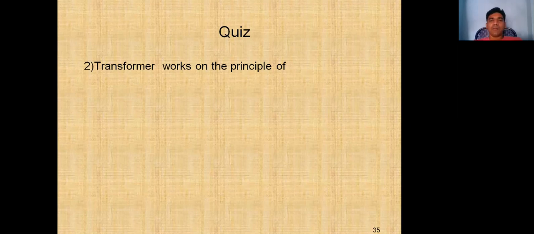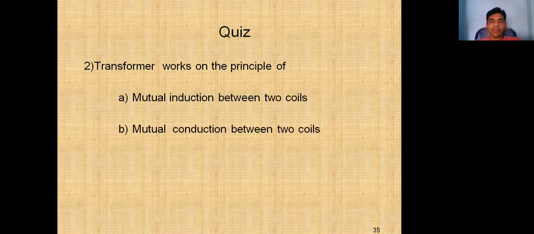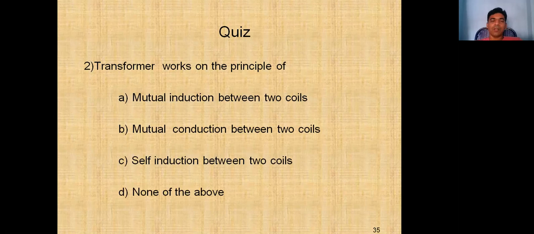Transformer works on the principle of: option A, mutual induction between two coils; option B, mutual conduction between two coils; option C, self-induction between two coils; option D, none of the above. Transformer works on the principle of mutual induction between two coils.